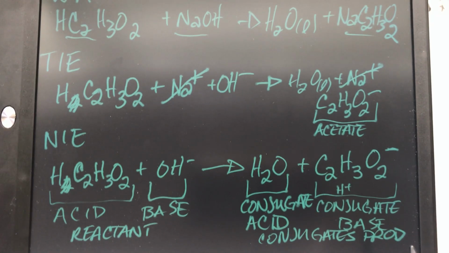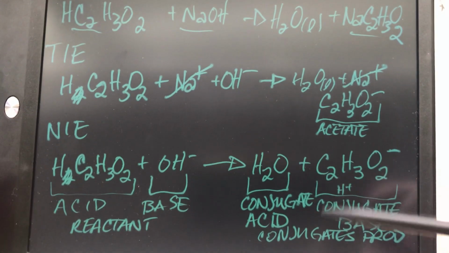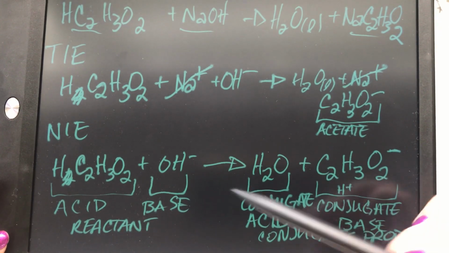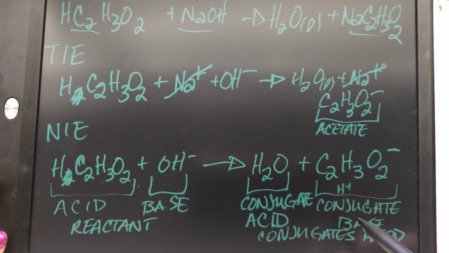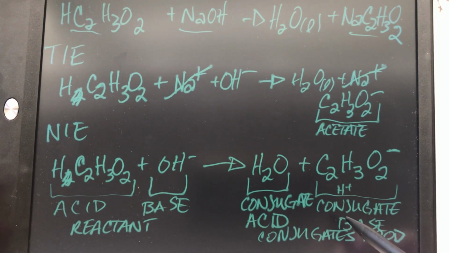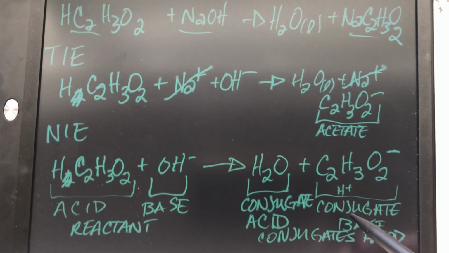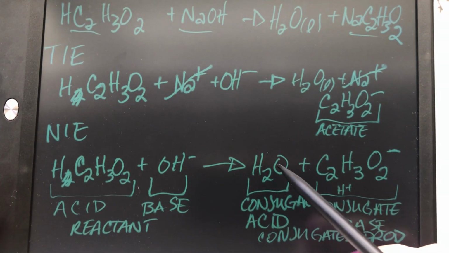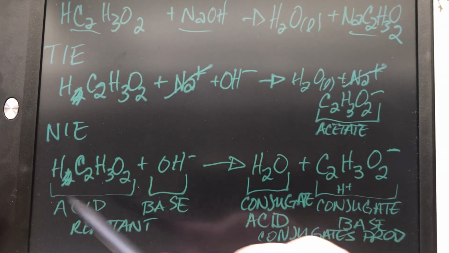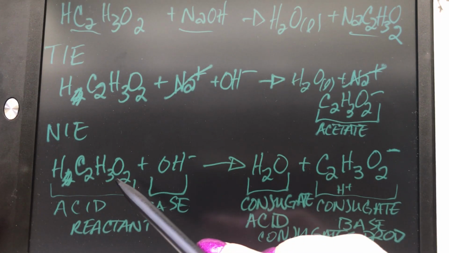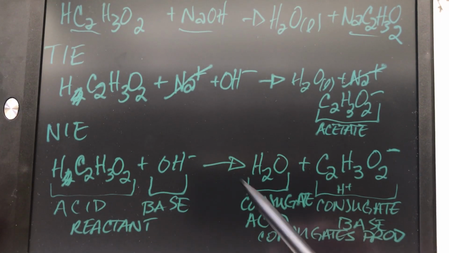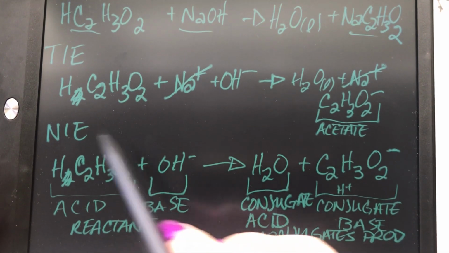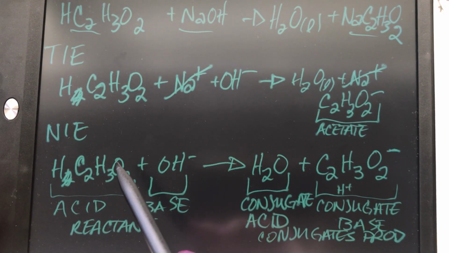By convention, okay? Now, this is what I wanted to get to in the next point, which is to say that why we call this one the acid and the base and this one the conjugates is totally a matter of convention, okay? If we are to flip this reaction around, meaning we put these as the reactants and these as the products, then these become the acid and base and these become the conjugates, okay?